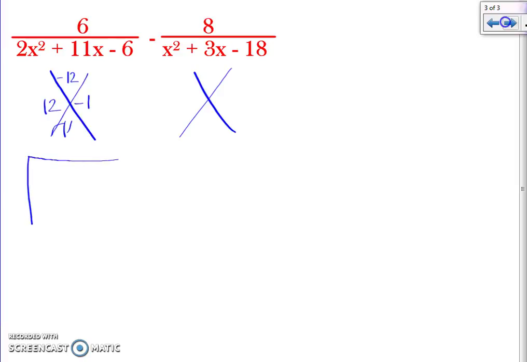We have to do the window on this one. So 12 and negative 1 go in these two with the variable attached. The original problem up here is going to go along the diagonal in this box here. So we've got 2x squared, 11x, minus 6.